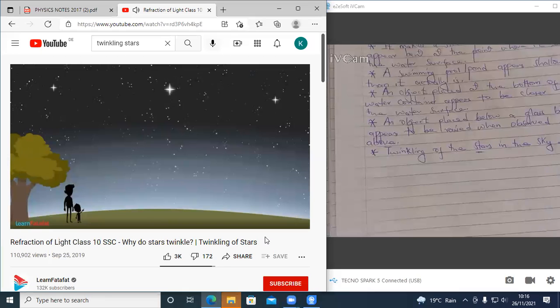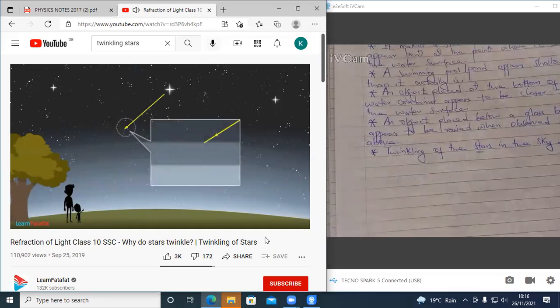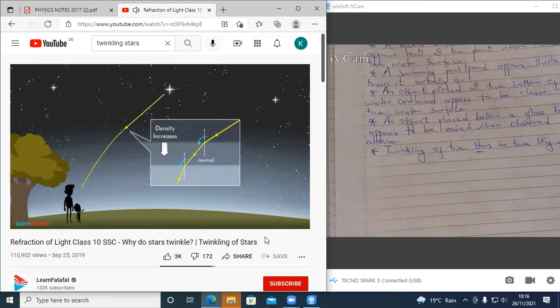Since they are at far distance from the Earth, therefore looks point-sized and so are treated as point source of light. The light coming from star, that is a starlight, when enters in the Earth's atmosphere, layer by layer, it experiences increasing density and so bend towards the normal at the boundaries between the layers. When it comes to us, we observe the star to be slightly higher than its actual position.